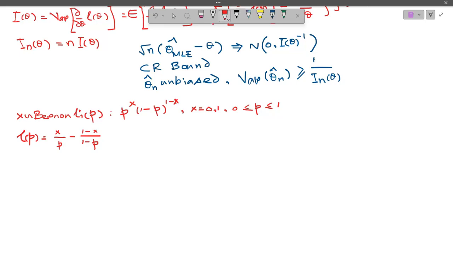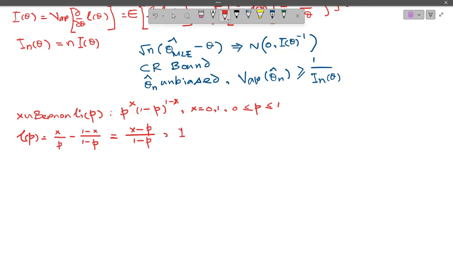L p becomes x log p plus 1 minus x times log 1 minus p, and when you take the derivative with respect to p, the derivative of log p is 1 by p, so we get the first term as x by p and the second term as minus 1 minus x by 1 minus p, and this we can simplify as x minus p by p into 1 minus p.